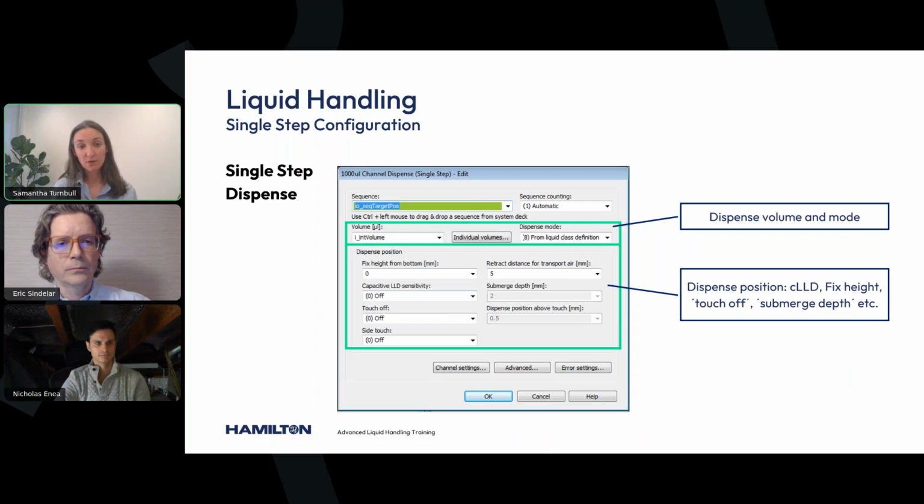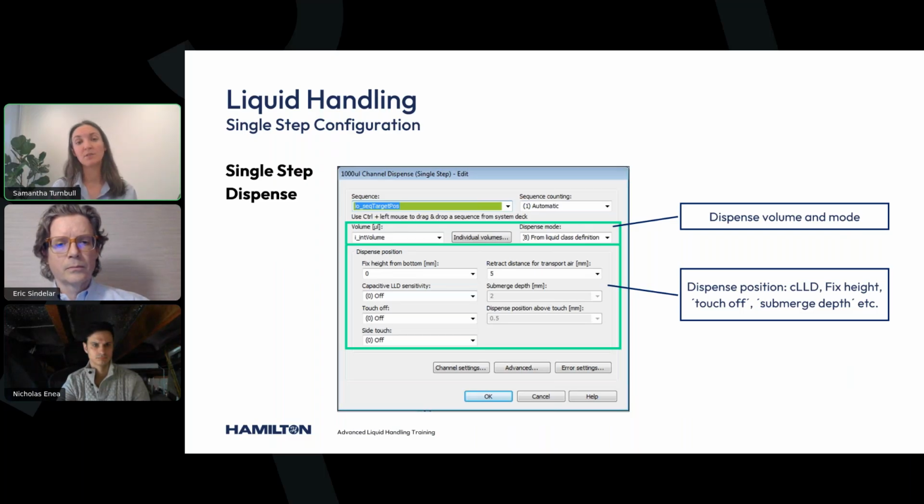Now in the dispense mode, you will see many similar terms. We have our dispense volume and dispense mode, and we again have a fixed height option, so a distance to dispense off the container bottom. This is best when you're going into empty Labware or jet dispensing into the air.